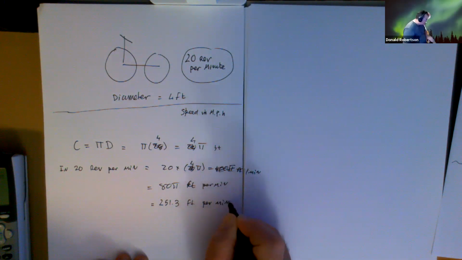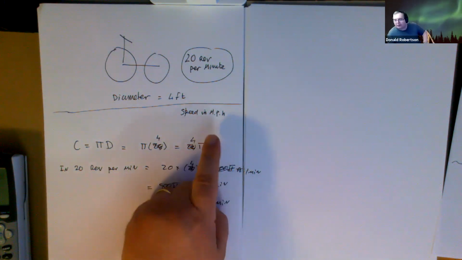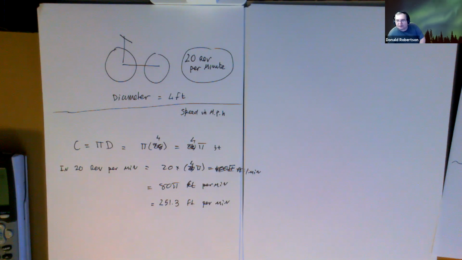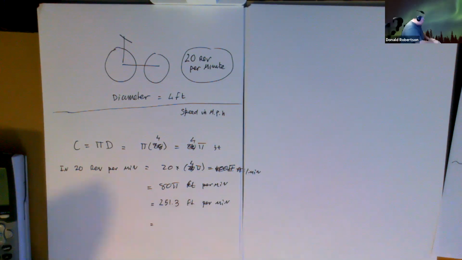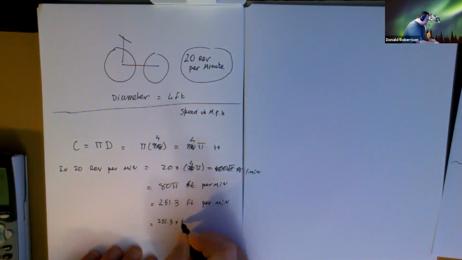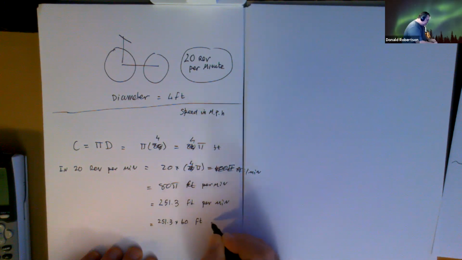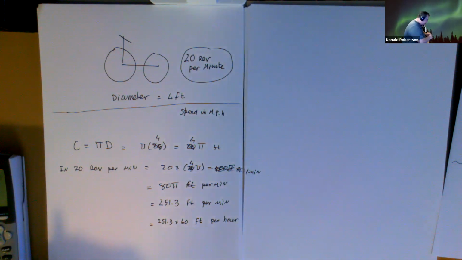Now what we're doing next is we're going to convert that into miles per hour. Okay, so if you do that many feet in a minute, if you multiply this number by 60, isn't that how many feet per hour? So we've got one of the units up to the value you want. So 251.3 times 60.